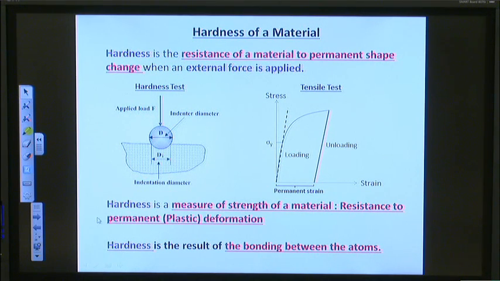So, hardness is a measure of the strength of a material, which is resistance to plastic deformation. If we think of hardness from the perspective of the nature of bonding, we can say that hardness is a result of bonding between 2 atoms, and depending upon the nature of bonding, the hardness of a material varies.